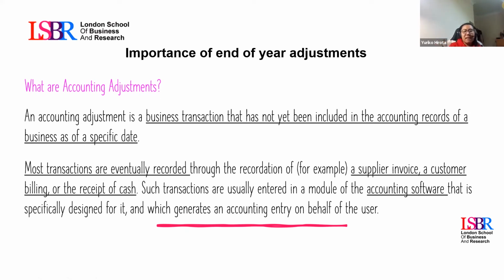It could be at the end of the month, at the end of the year, before generating a report. But the most common moment to do adjustments is at the end of the year. Why? Because normally most companies base their adjustments on the whole year.